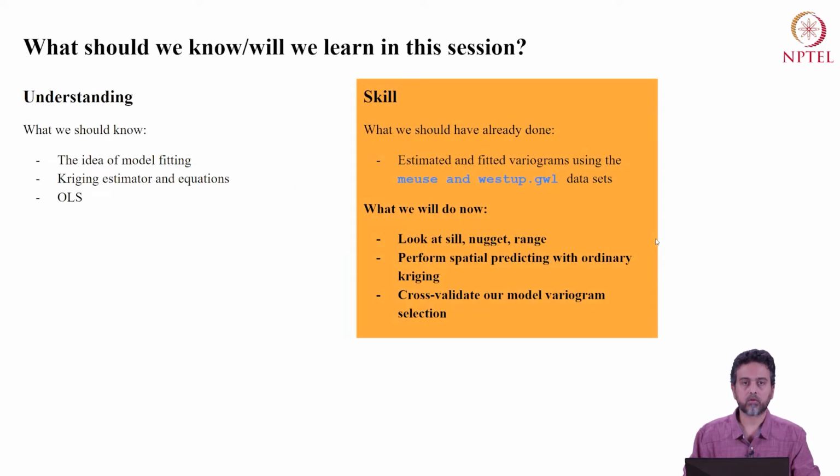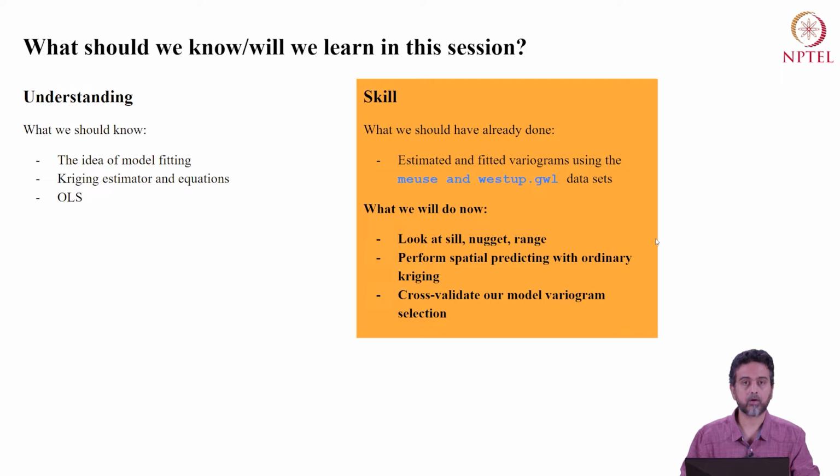We're working on acquiring programming skills for spatial statistics, but acquiring these skills is founded on a solid understanding of the conceptual material. For today's session, you will need to know what a model fitting procedure is, and what it means to fit a model variogram, which we did in the previous session.